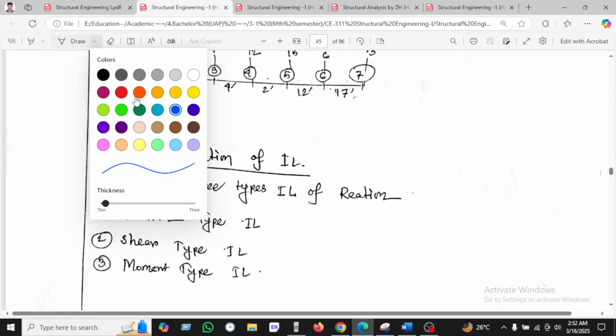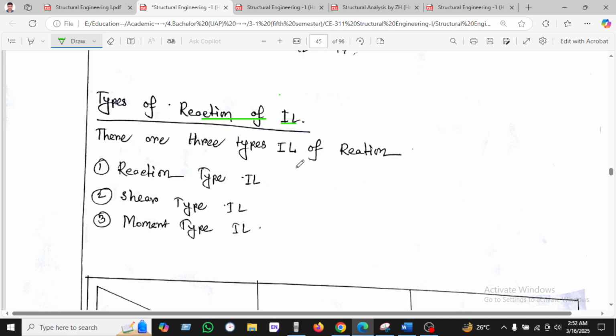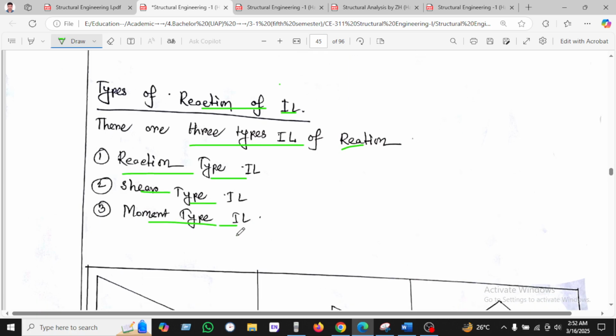At first we have seen the types of influence line. There are three types we have been seeing: the reaction type influence line, the shear type influence line, and the moment type influence line.